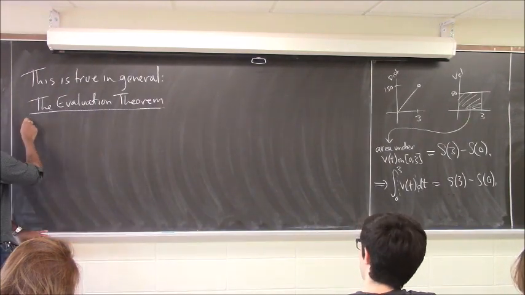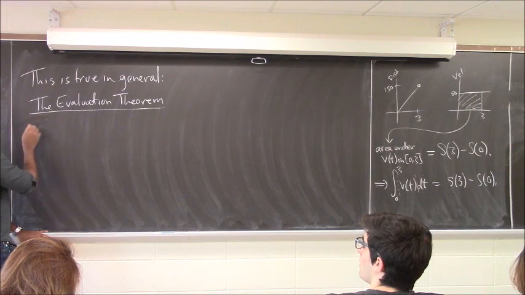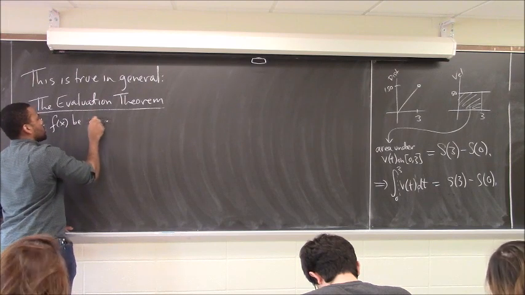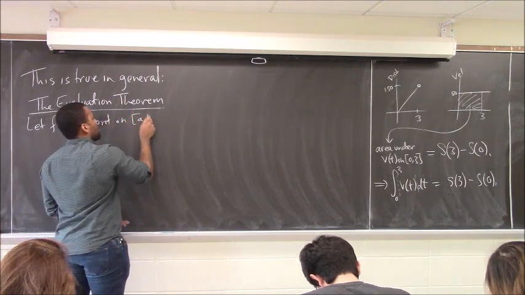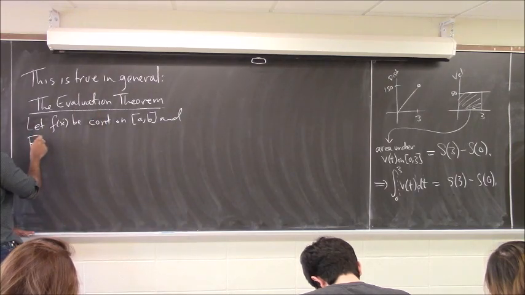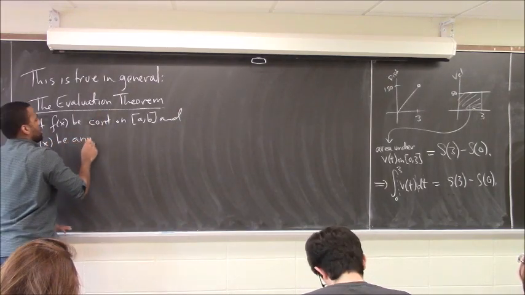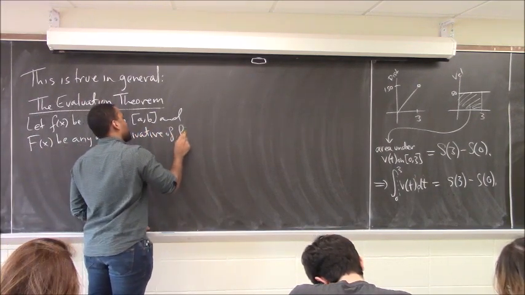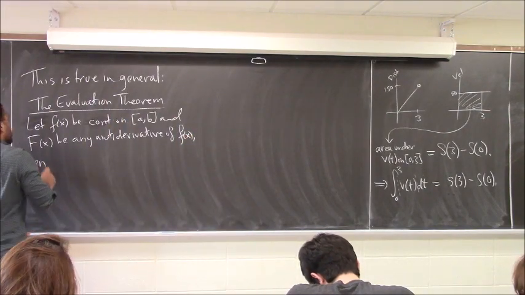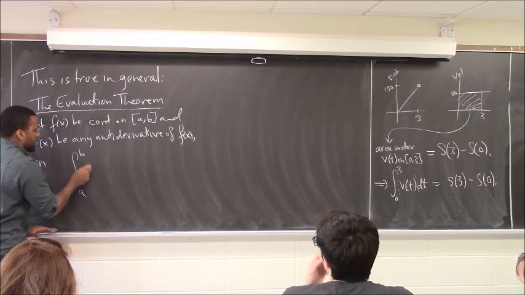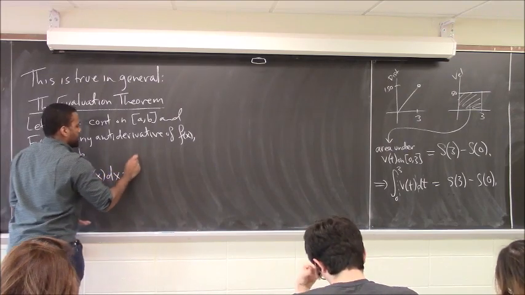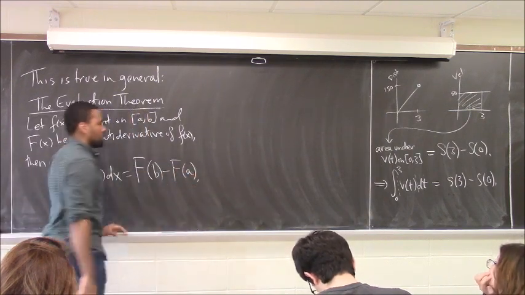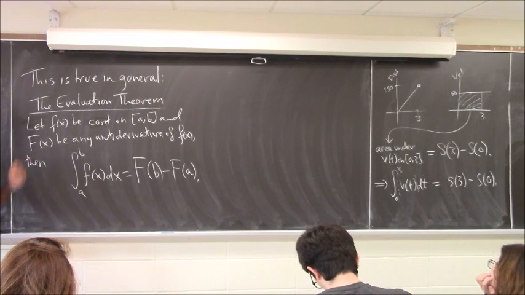But basically it says that if f of x is continuous on [a, b], and big F of x is any antiderivative of f, then in general you will be able to find the area under f by taking big F evaluated at the upper limit minus big F evaluated at the lower limit. This will be a true statement in general under these conditions.